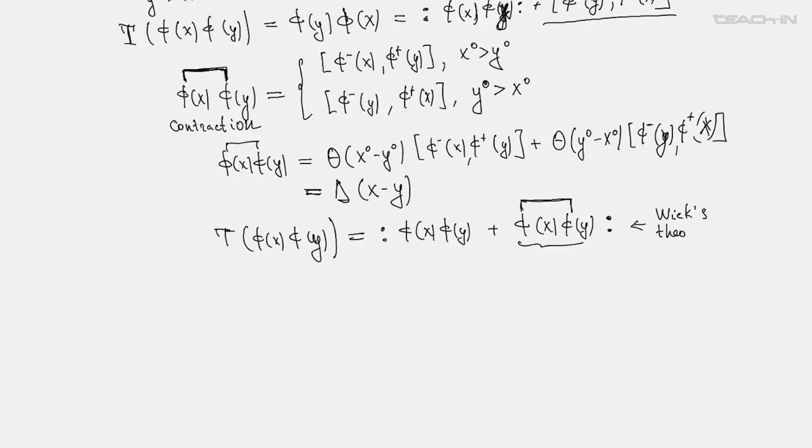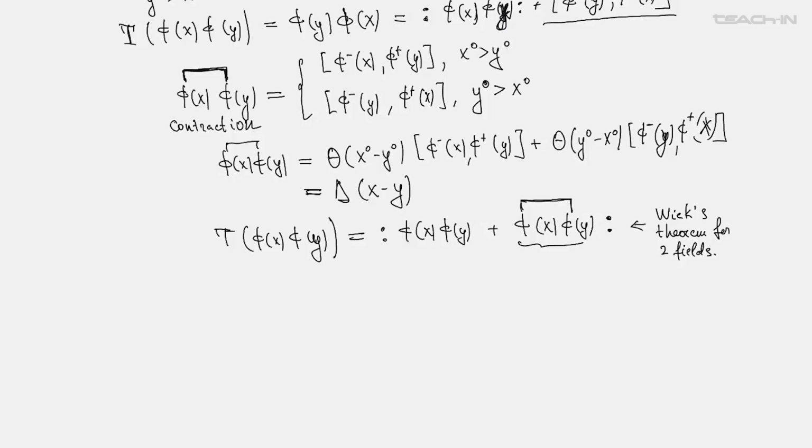In other words, in the context of two fields, this theorem tells us that the T-ordered product of two fields is given by the normal ordered product of these two fields plus a contraction of these fields. Now I can generalize this theorem to any number of fields.